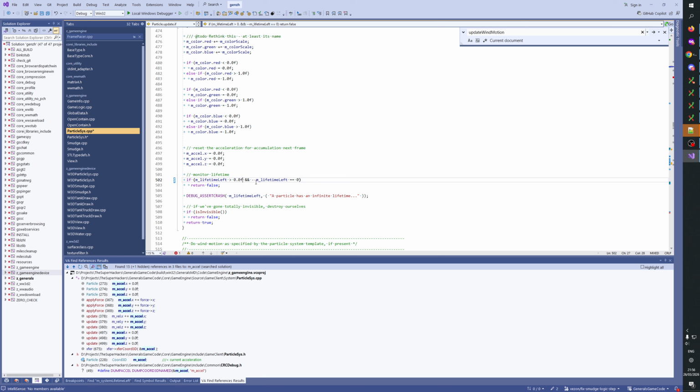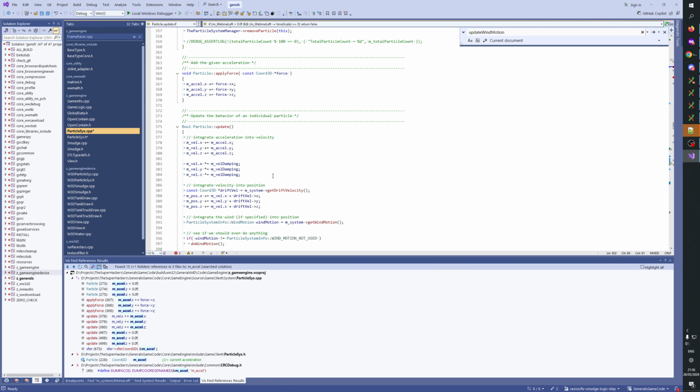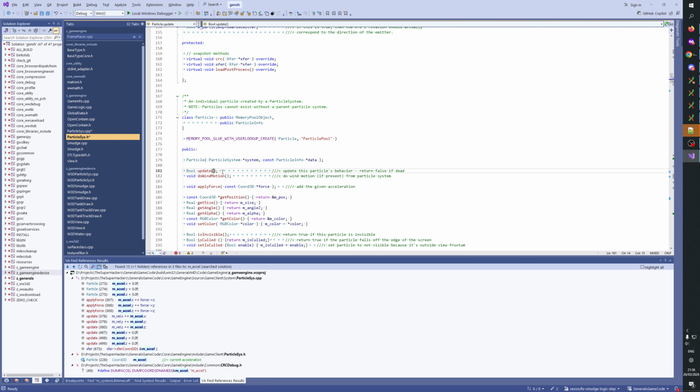If lifetime is larger than that, and lifetime minus time scale. Should probably do a real time scale here. Time scale.